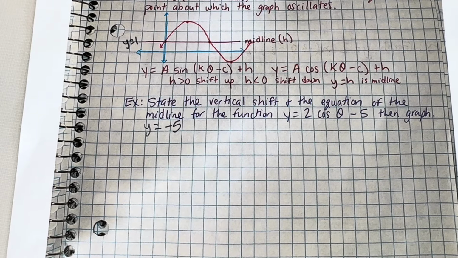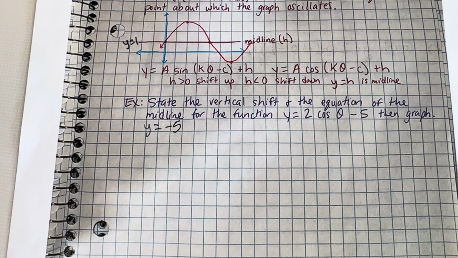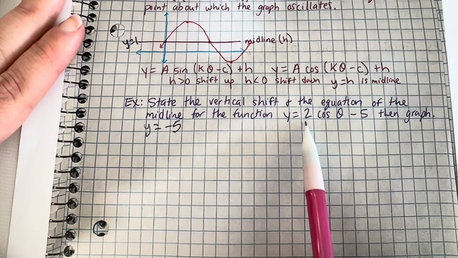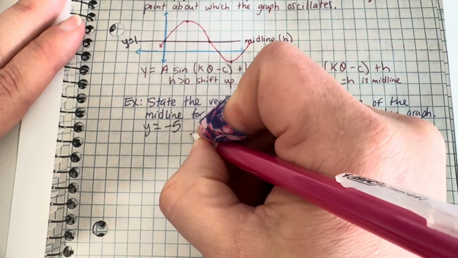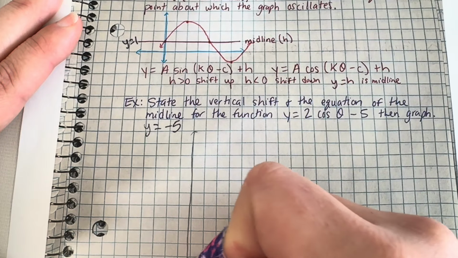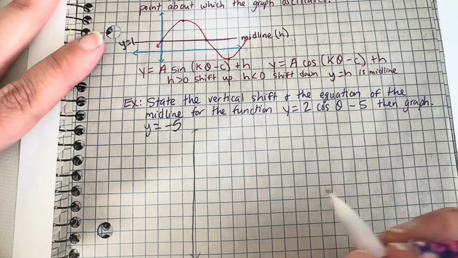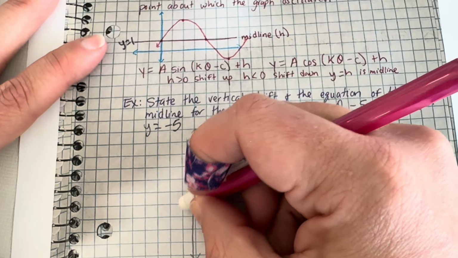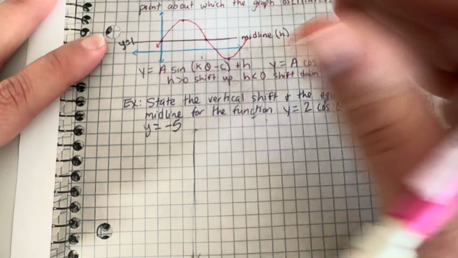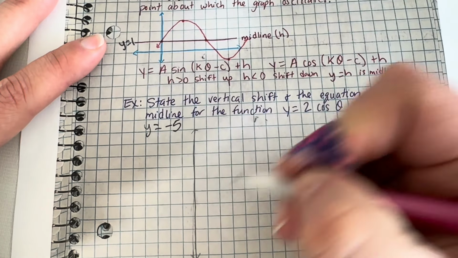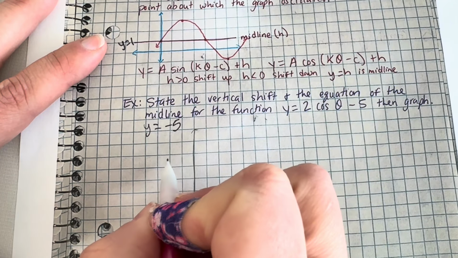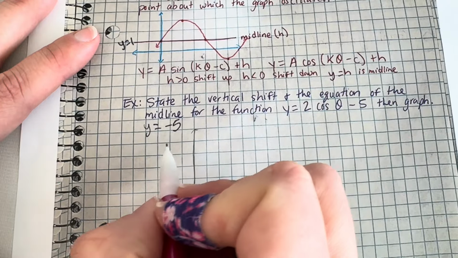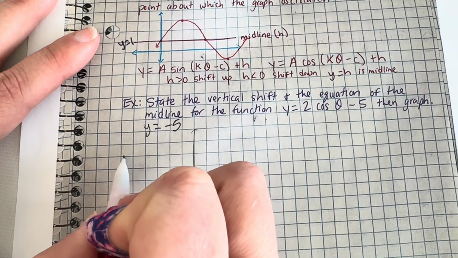I'm just trying to grab a pencil here so I can show you my axis. The only other thing different here then is my amplitude. So I'm going to draw my axis for you. I know that I'm going to have to go down to -5, so I want to make sure there's plenty of room down below for it to go to -5.